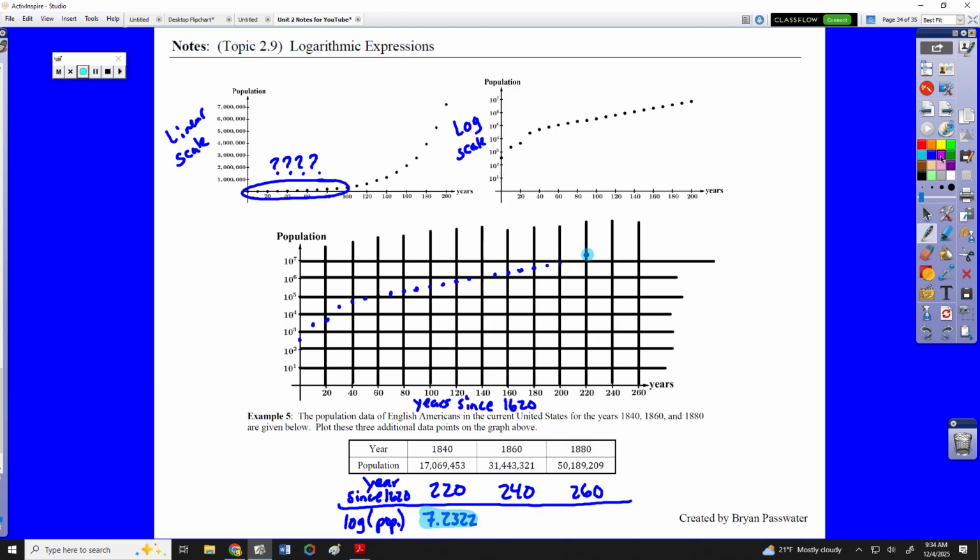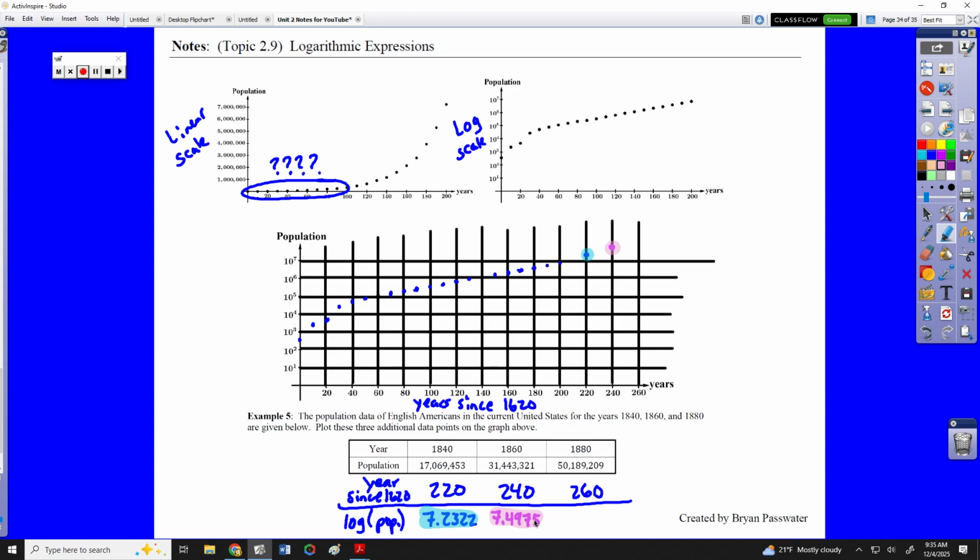Okay, then we do the next one. Well, in the year 1860, which is 240 years after 1620, we have a population of 31,443,321. If we take the log of that number, the log of that number is 7.4975. So we go and we graph this. It would be higher than the previous one because 7.4 is bigger than 7.2.